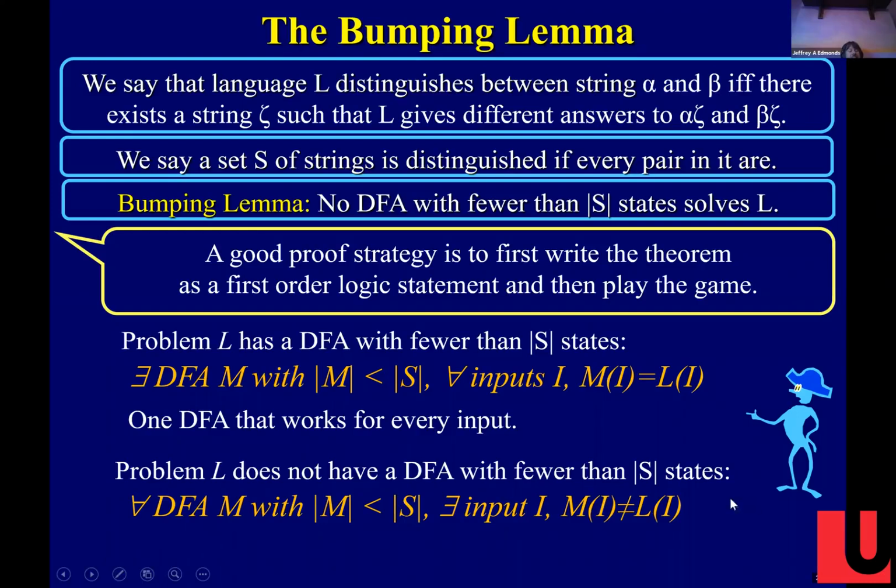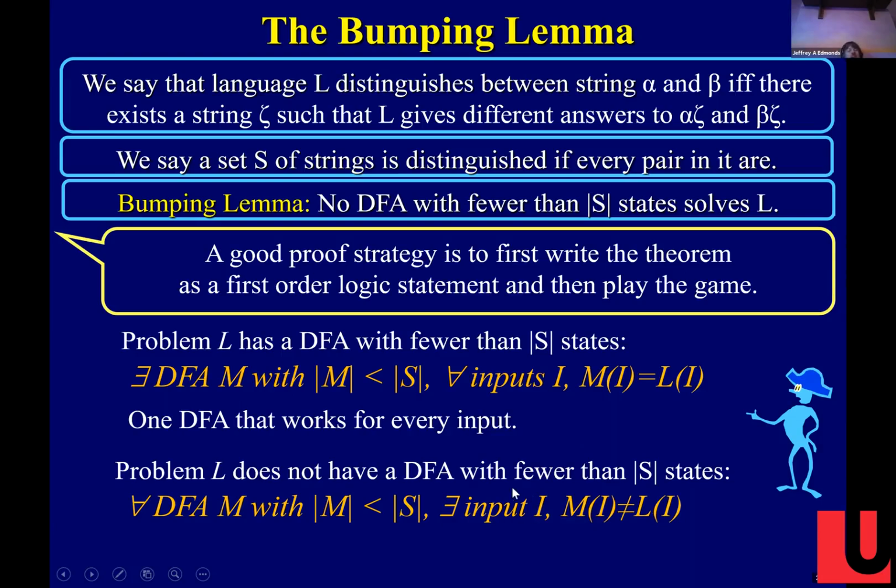To say it doesn't have one, we're saying for every DFA you could give me, if it has fewer states, then there exists an input on which it gives the wrong answer. Does that make sense? So the game, if you like 1090 games, is you give me any DFA whatsoever that has fewer than this many states.